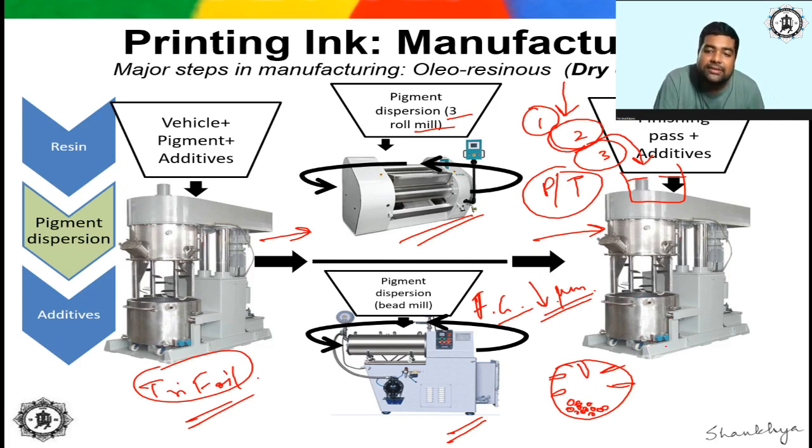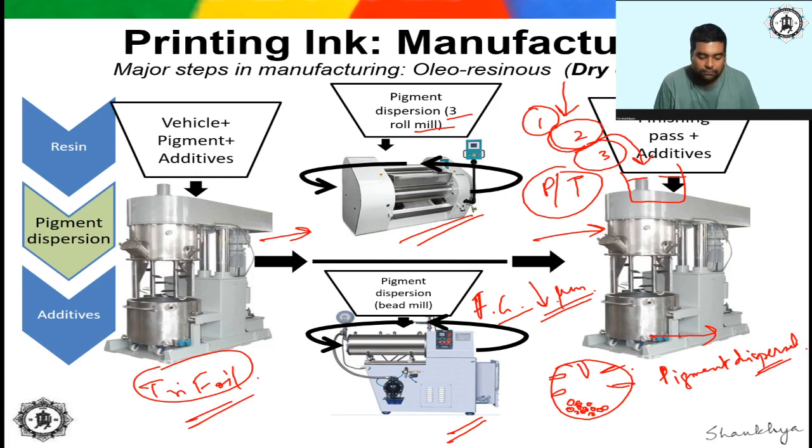So in this stage, the pigment has already been dispersed within the ink. All that is left to be done is to add these additives within the finished ink and then send it for pot off. Pot off means placing this ink into smaller containers for final delivery to the customer.